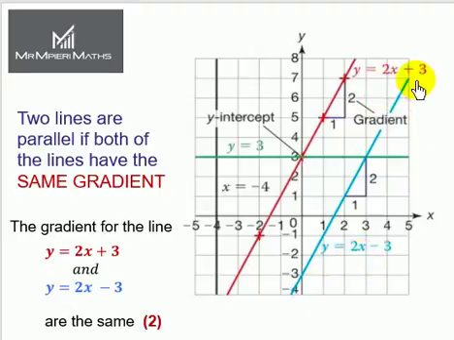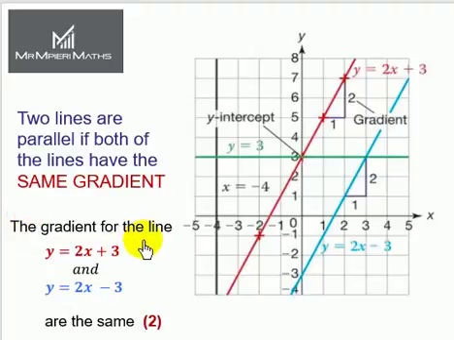Now, obviously they will pass through different y values. Here, the y-intercept, where this line passes through the y-axis, is 3. The blue line passes through the y-axis at minus 3. So it doesn't really matter if the y-intercept is different, but the gradient must be the same.